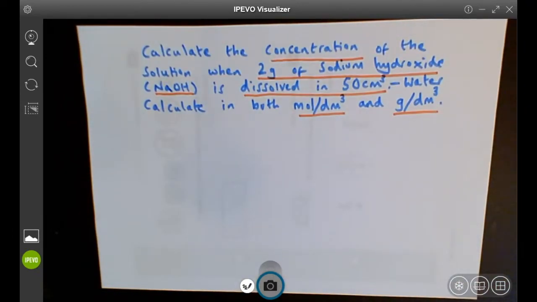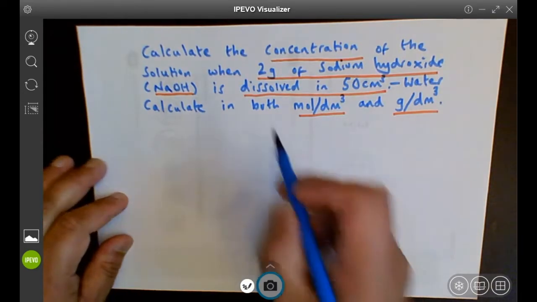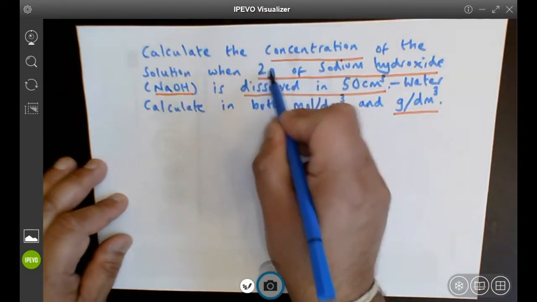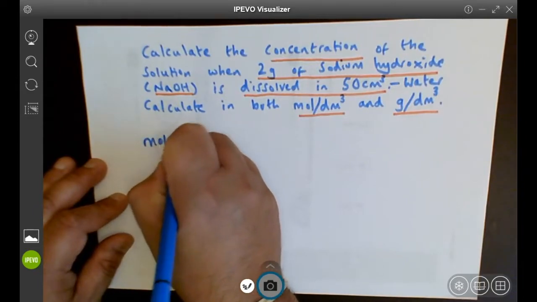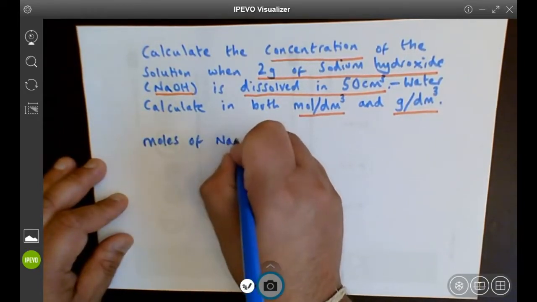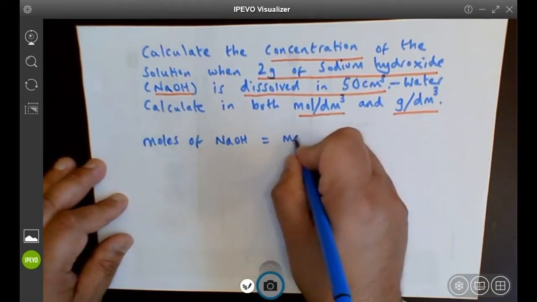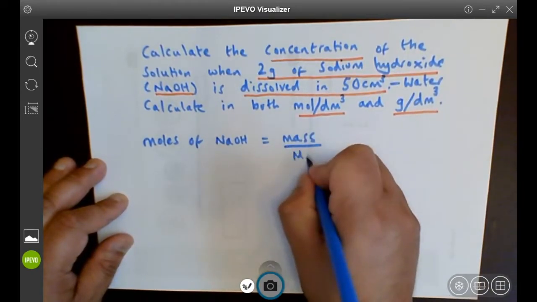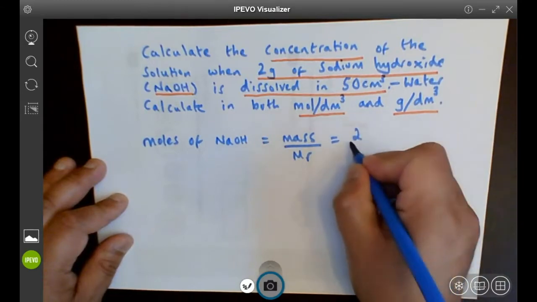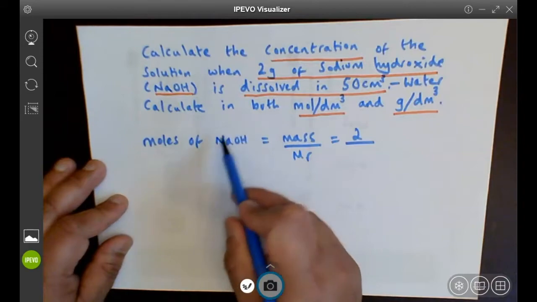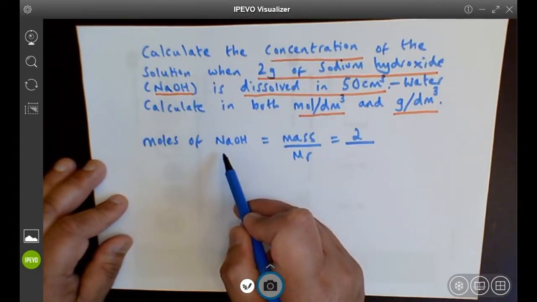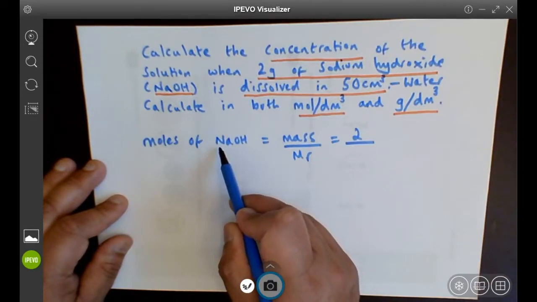Okay, so the first thing to do is to work out the moles of sodium hydroxide, which we can easily do. We've got the mass, which is 2 grams, and we've got the formula. So we can go moles of NaOH, we can use the formula, is the mass over the Mr. We know the mass was 2 grams. We're going to divide that by the Mr. So to work out the Mr from the formula, again, you will refer to the periodic table and look at the relative atomic masses.